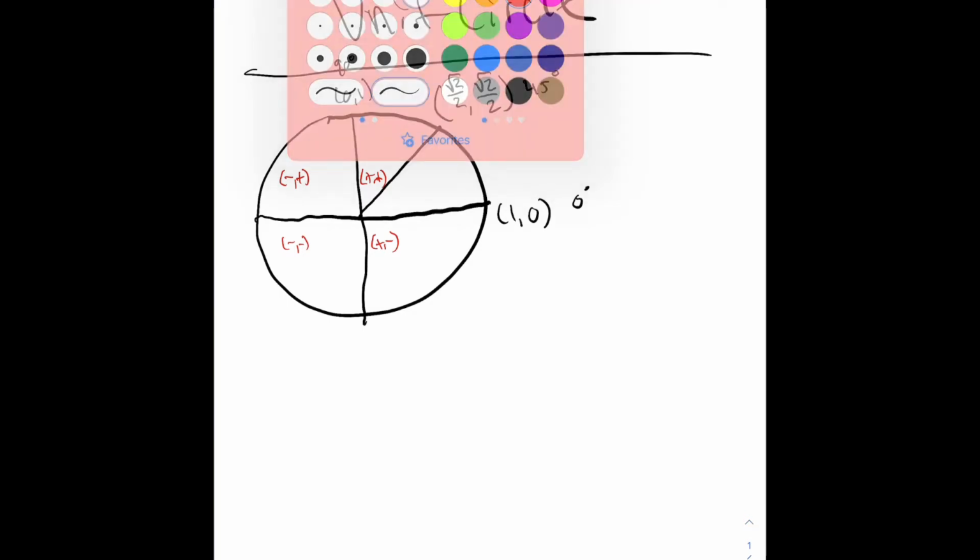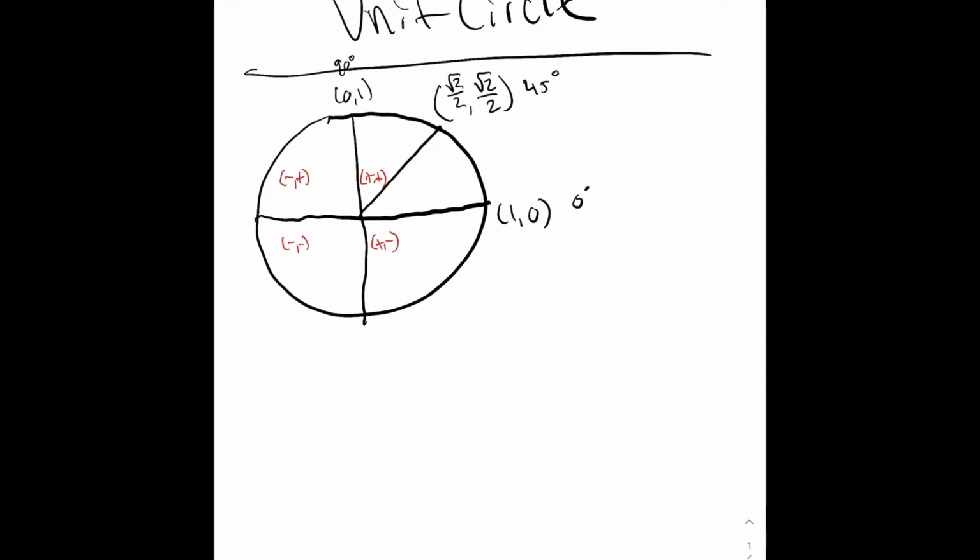And then we also have to think about, okay, how many radians is that? So I think about it as this is 0 radians, and then this is pi over 4 radians.